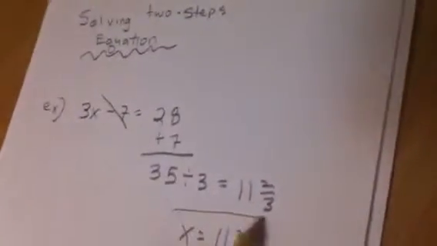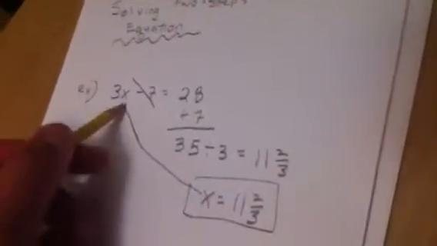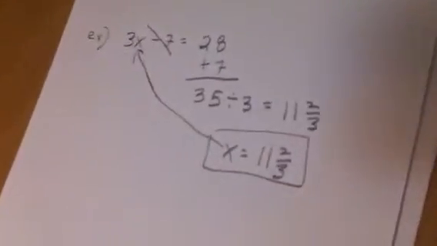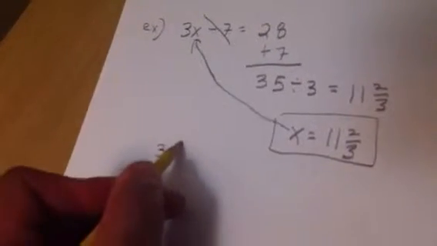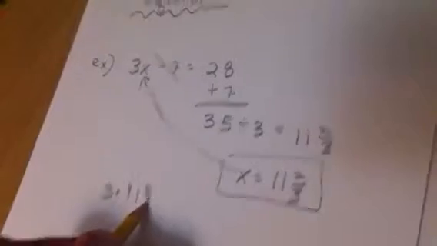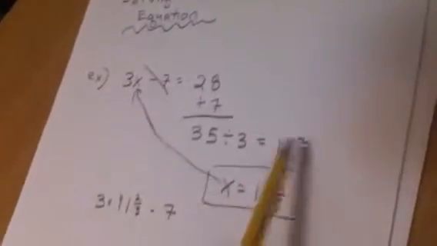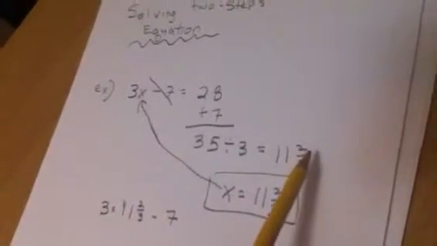Now, if you want to check to make sure that the answer that you got is correct, all you have to do is just plug it in for x. I'm sure you know how to do substitution, but just to make sure that we're correct, I'll do it right now. 3 times 11 and 2/3 minus 7. You can also, of course, change it into a decimal if you want. The only reason why I kept it as 2/3 is because this was going to continue 0.6666.